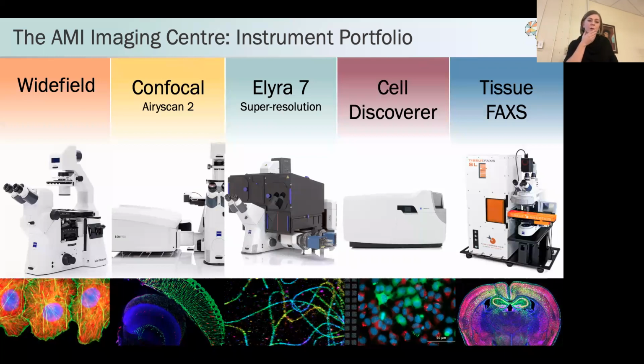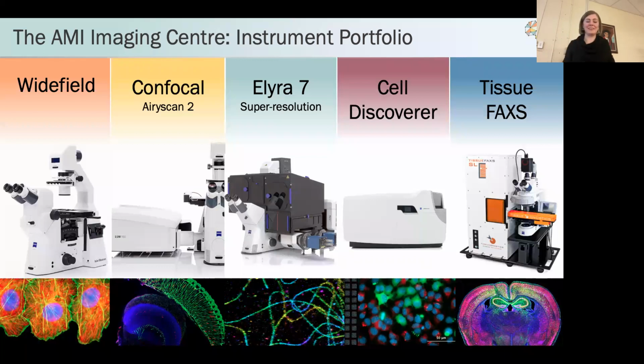3D imaging, as well as a fantastic confocal system with spectral detection and Airyscan 2, a super resolution system, the Elyra 7, with both localization microscopy and SIM, so we can cover almost all of the demands for high resolution imaging.